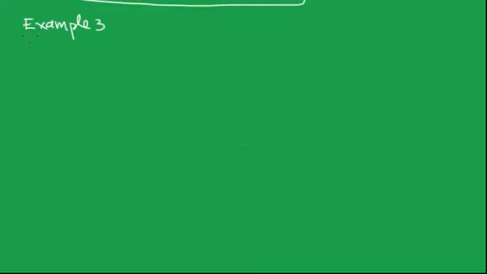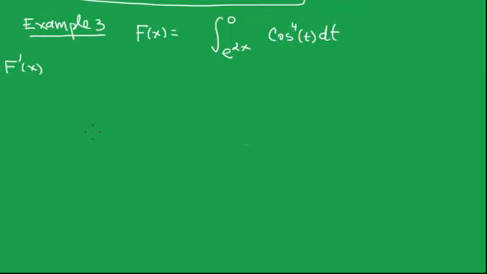Example 3. Let's say we have f of x is equal to the integral from e to the 2x to 0 of cosine to the power of 4 of t dt. They want us to find f prime of x.